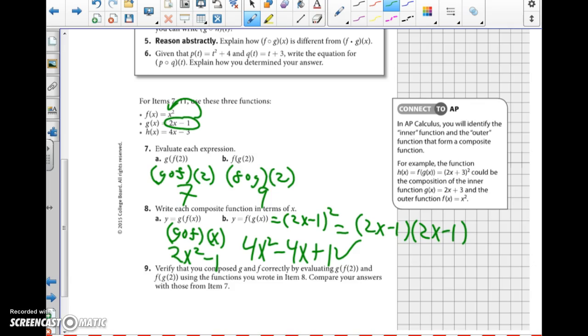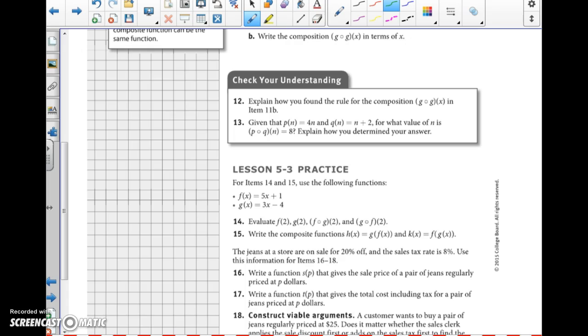Beautiful. All right, so let's do number 14. How much is f of 2? 11. Good. Everybody sees that. How much is g of 2? All right, 2. Very good. How much is f of g of 2, or fog of 2?